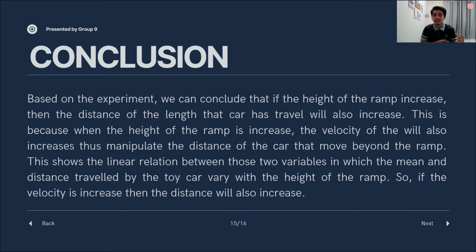So this is the relationship between the two variables, which means that the distance traveled by the toy car varies with the height of the ramp. The two variables are connected to each other. If the height is increased, the distance also increases. If the velocity is increased, the distance also increases, like our friend has proved before.